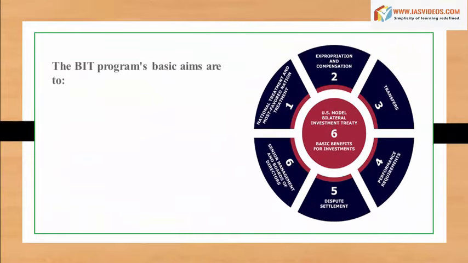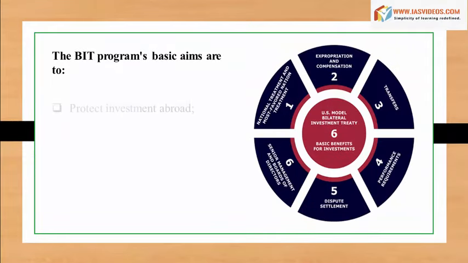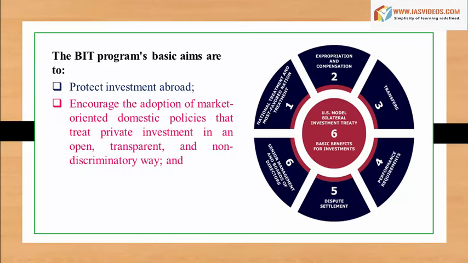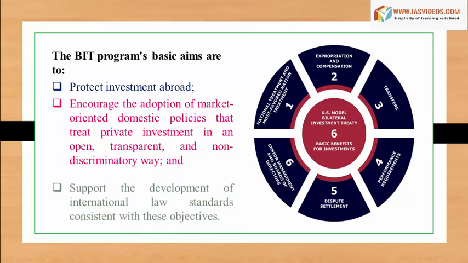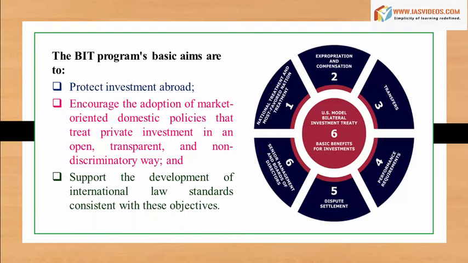The BIT program's basic aims are to protect investment abroad, encourage the adoption of market-oriented domestic policies that treat private investment in an open, transparent, and non-discriminatory way, and support the development of international law standards consistent with these objectives.